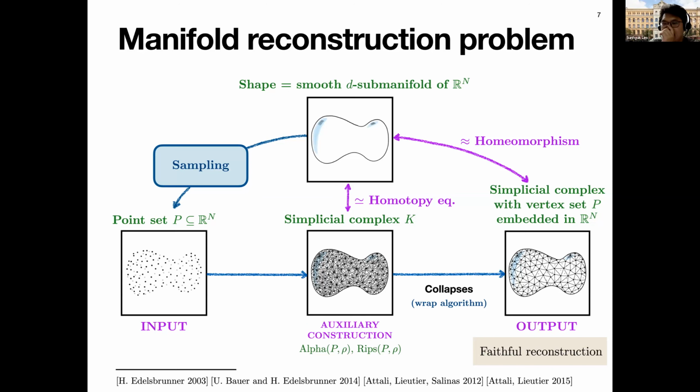But the price you have to pay to get homeomorphism, so far we don't know how to do better, is to add those strange safety conditions. But everything you said is correct.